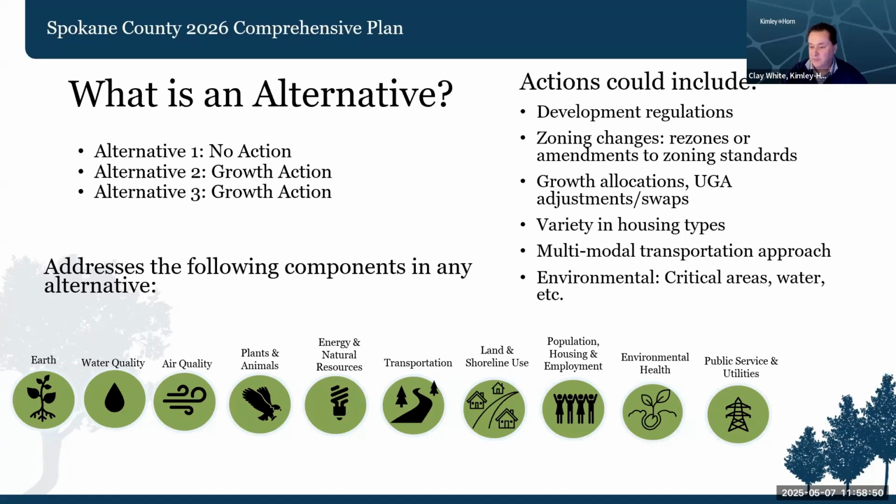So really just looking at those environmental factors that we need to be looking at, depending on where growth happens, and then we can incorporate those and apply them to the different alternatives. So wherever we've identified something that needs to be reviewed, we would apply that factor to all of the different growth alternatives.